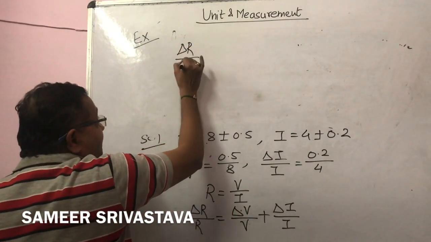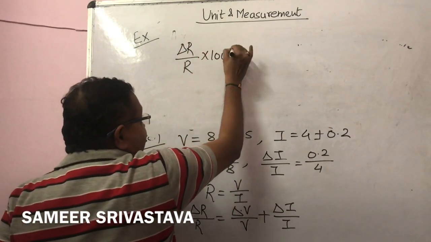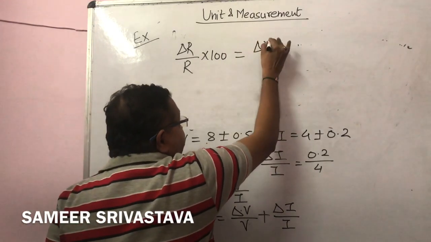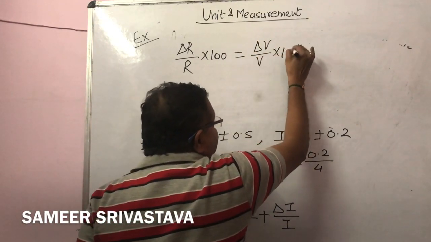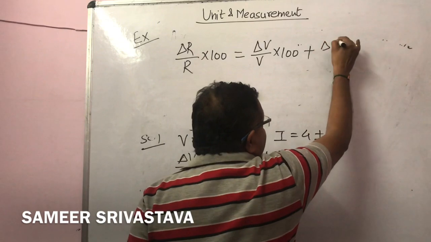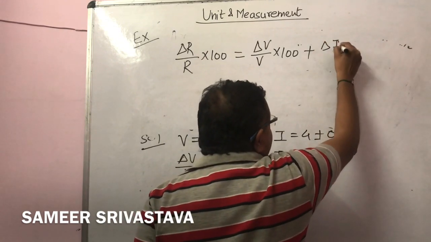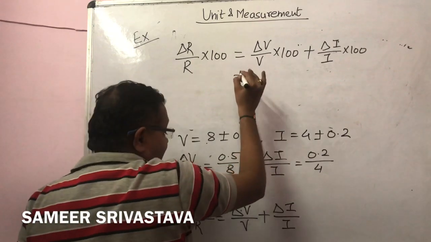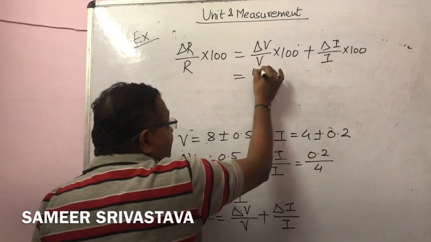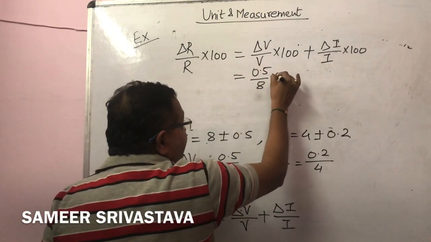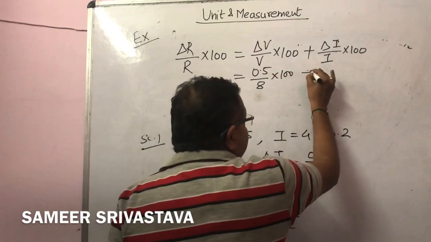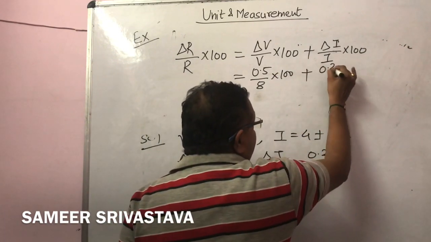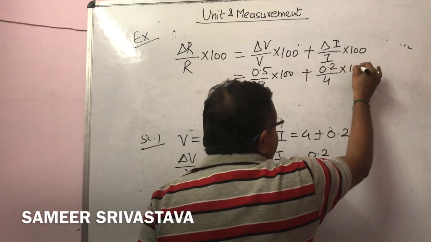Delta R upon R into 100 is equal to delta V upon V into 100 plus delta I upon I into 100. Now put the values: 0.5 upon 8 into 100 plus 0.2 upon 4 into 100.